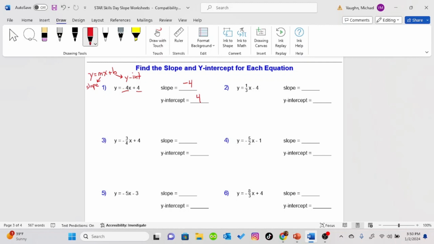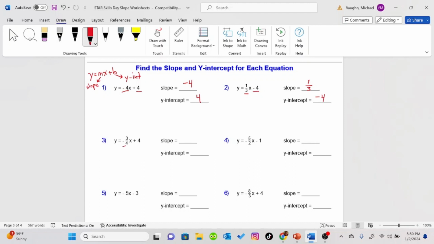So for number 2, my slope is in front of my x, so that's 1/3, and my y-intercept is by itself, -4.